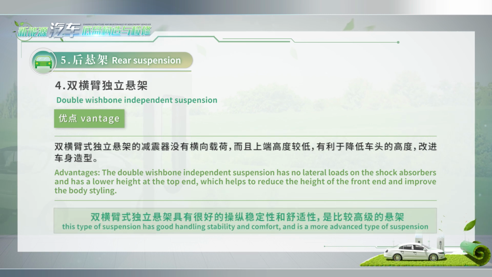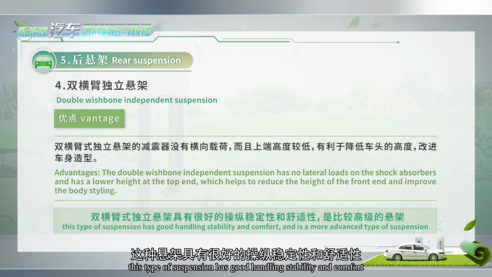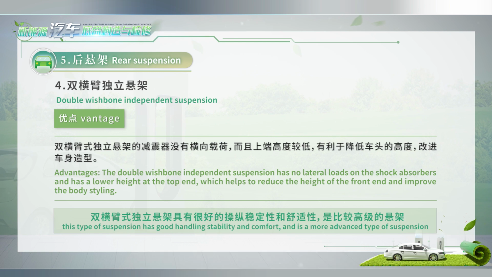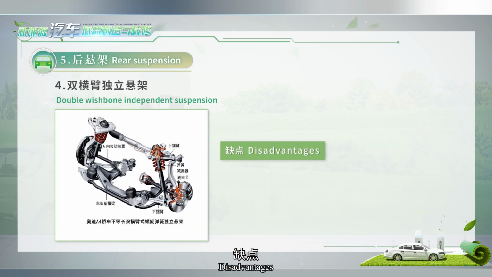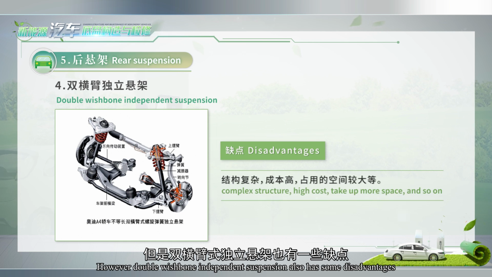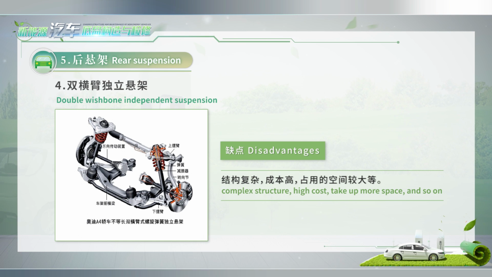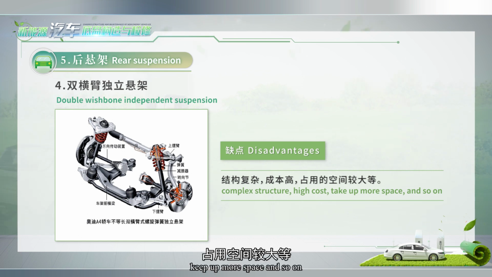As a result, this type of suspension has good handling stability and comfort and is a more advanced type of suspension. Disadvantages: however, double wishbone independent suspension also has some disadvantages, such as complex structure, high cost, taking up more space, and so on.